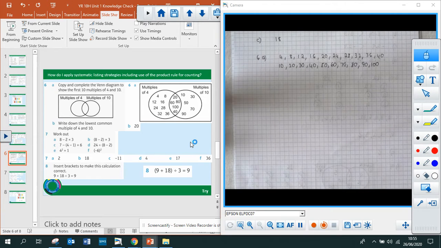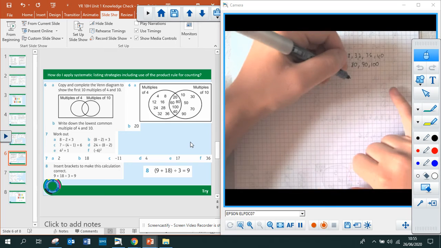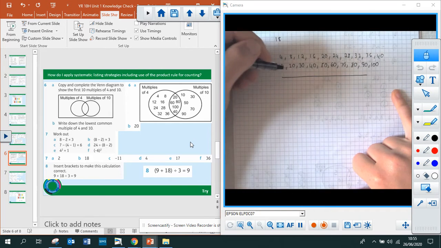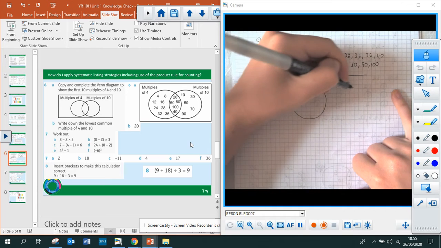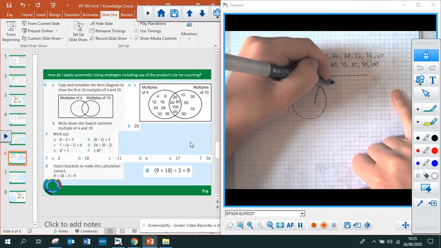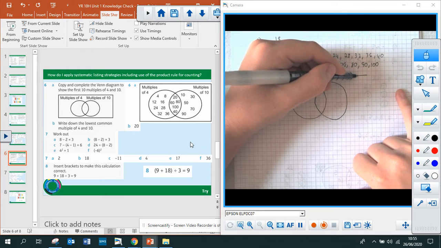So now you've done that, you need to draw out your Venn diagram and fill it in. Draw out a rough Venn diagram. In fact, I'm going to do my circles first this time because hopefully it'll make it look a little bit nicer. Okay, that's a bit better.